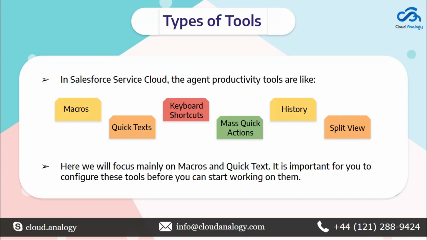And by mass quick actions and more, it's very clear by the name that it is used to perform actions on multiple records at a single time. Like it lets users edit up to 100 records from any list view, and that 100 could be 1000 or anything.